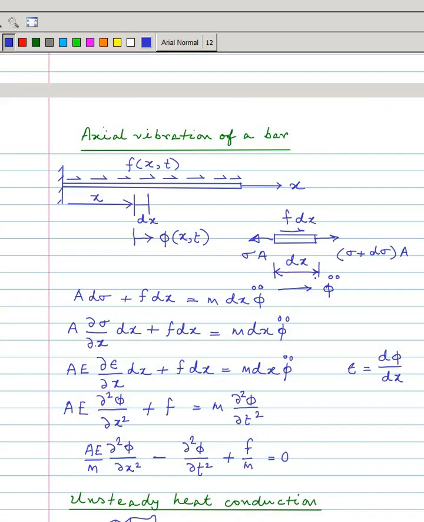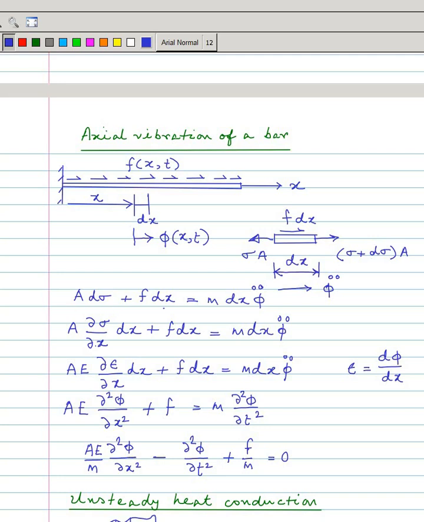So here, axial vibration of a bar. So this is a bar, which is given a load f(x,t), and here displacement at this end is u. So in place of u we are taking it as phi. Phi is a function of x and t. So here if you cut this portion and show the forces, so this is sigma A, this is sigma plus d sigma A, and this is f dx.